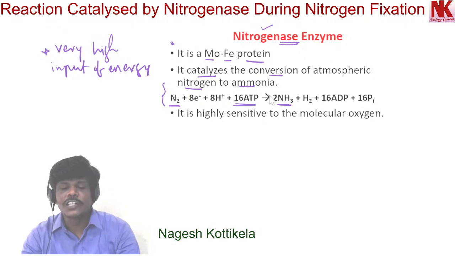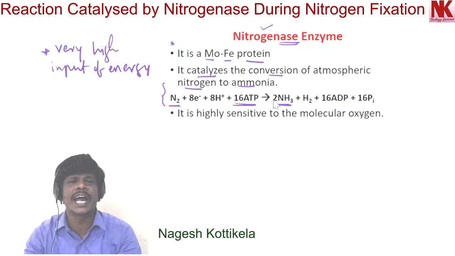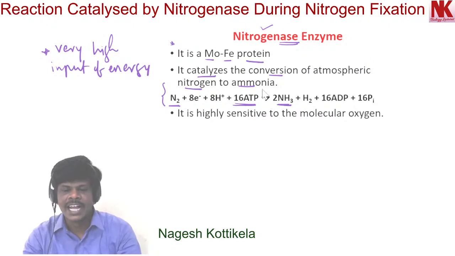It means for the formation of one ammonia, how many ATPs are required? The answer is 8 ATPs. So 8 ATPs are required for each NH3 formed.